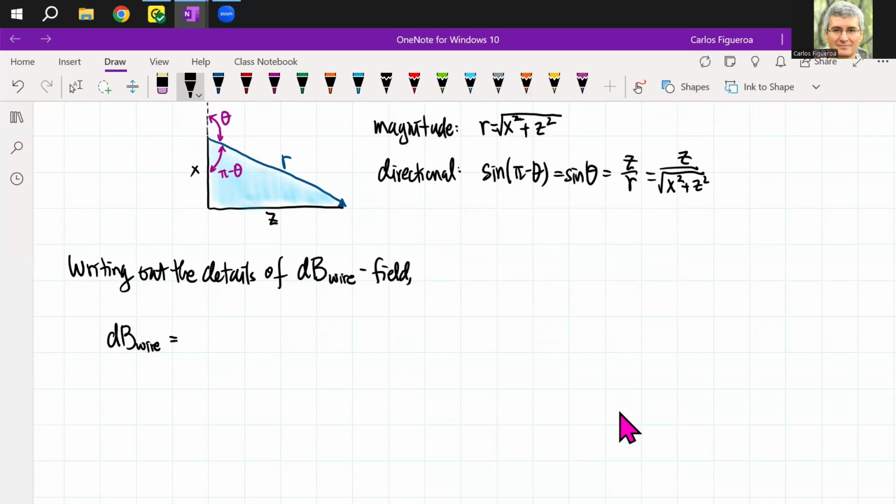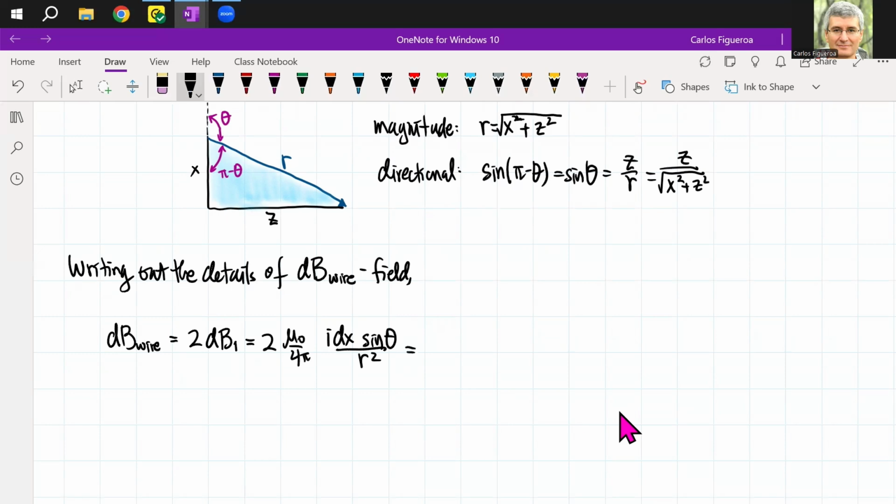We know this has to be 2 dB1 times sine of theta. You know, that's a mistake here. It's not sine of theta. Now I write dB. So this will be 2 mu naught over 4 pi, and this will then be I dx sine of theta over r squared, excuse me.